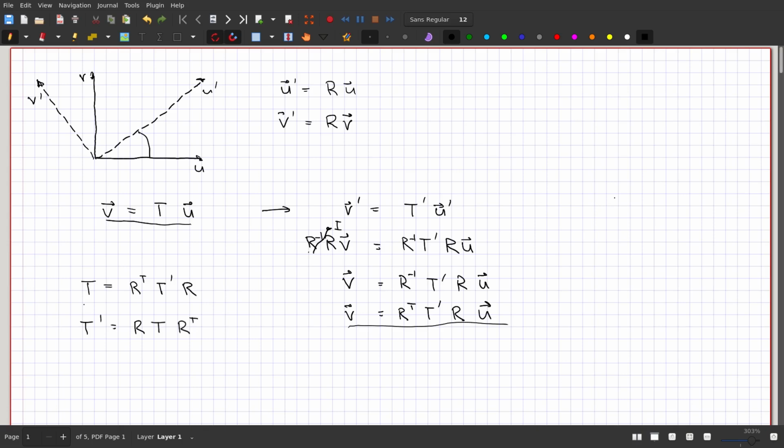Right? So this is how a tensor changes under a rotation. Okay? And that's relevant to what we want to talk about today.